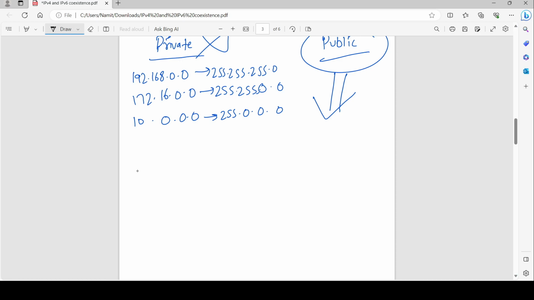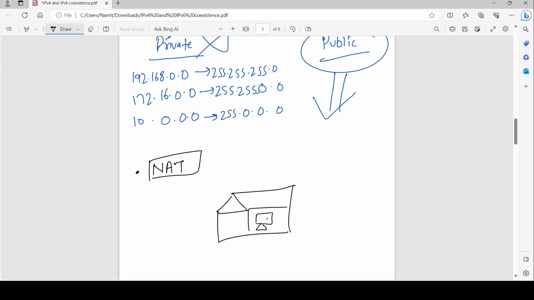To resolve this, they introduced something that is known as NAT, so that a device, let's say within a home, which is a private device, can access something that is a public network, or a public IP.